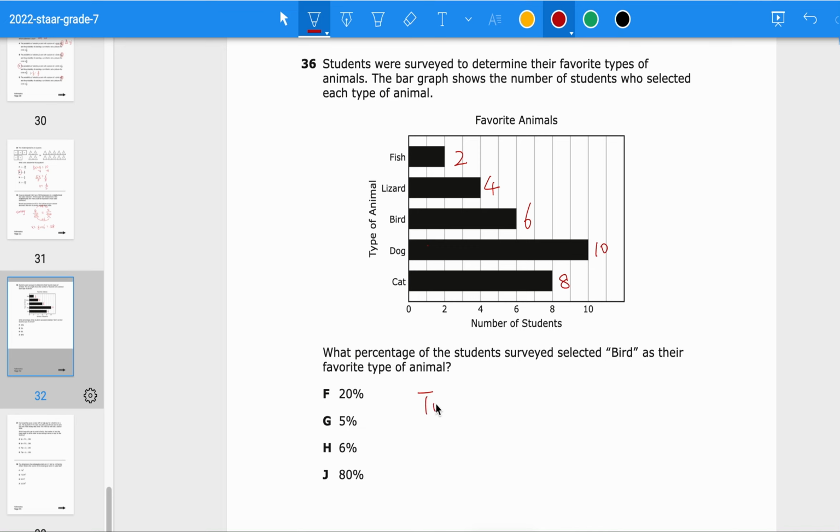So the total number of students is 2 plus 4 plus 6 plus 10 plus 8, which is 30. Then we need to find the percentage of bird. We see bird is 6 and the total is 30. So 6/30, which is 1/5. 1/5 is 20%. F is correct.